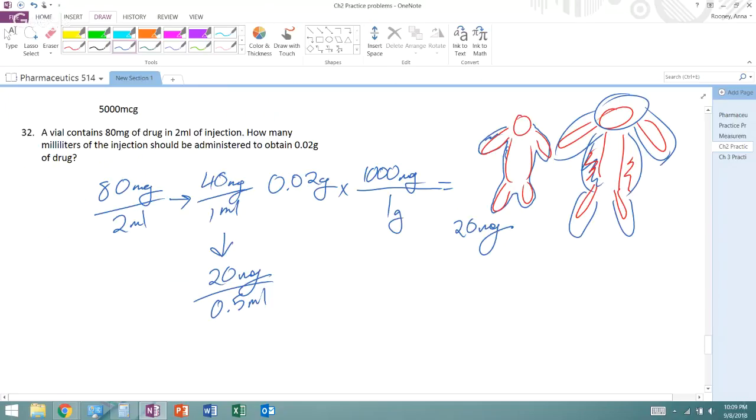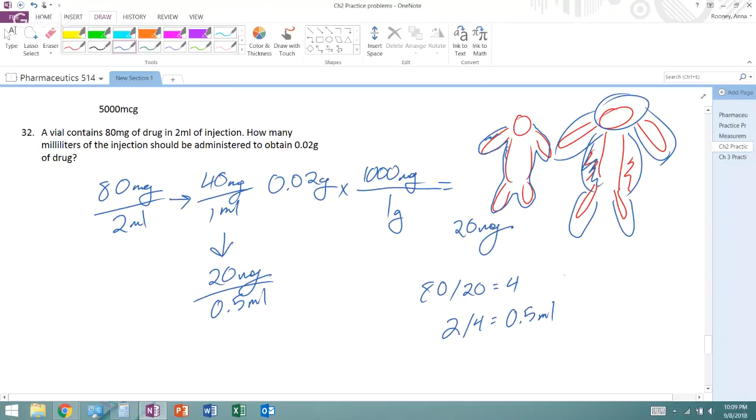But if, say, this was not a very nice ratio, usually I would find the milliliters, but you could take 80 divided by 20, which would equal 4, and then you would take 2 and divide it by 4, and you find that you need half a milliliter.